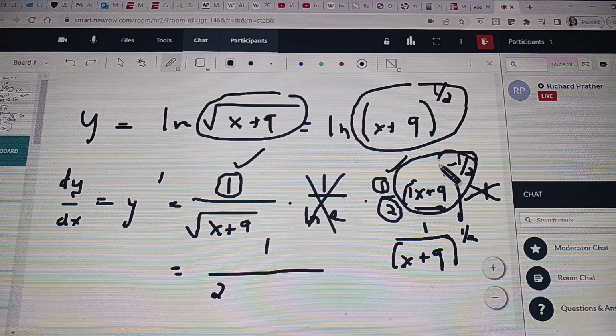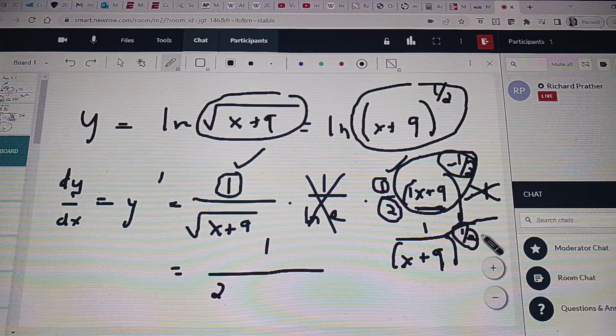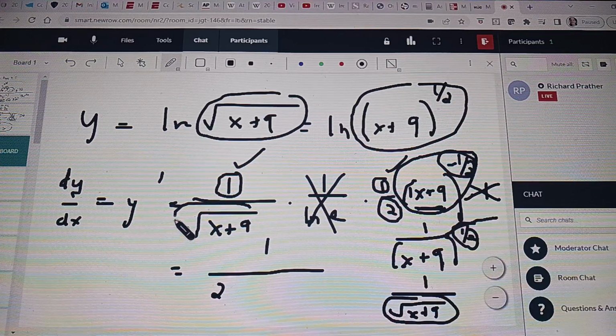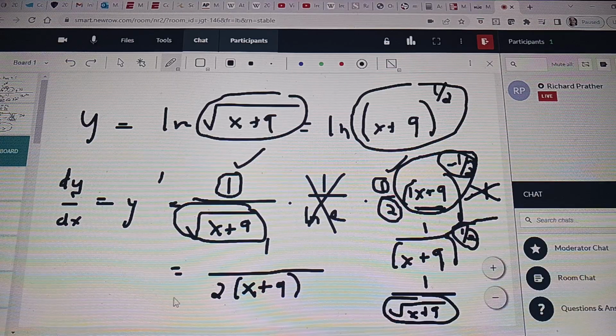You can change this negative 1/2 to positive 1/2 if you move it down to the denominator. And then after it's in the denominator and it's positive 1/2, then you could do square root. And any square root times itself is just that stuff without the square root. That's a shortcut in algebra.